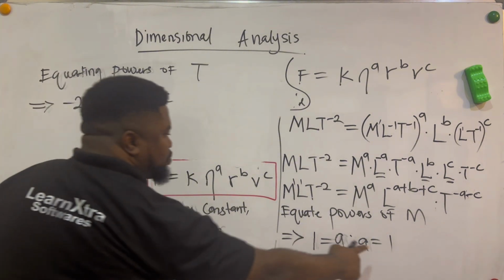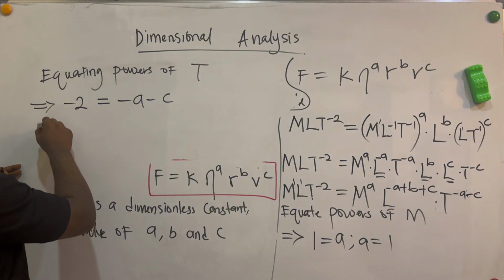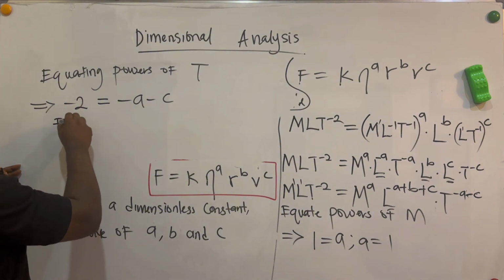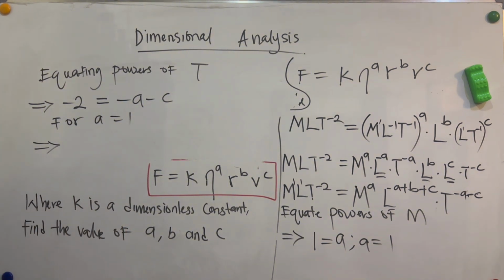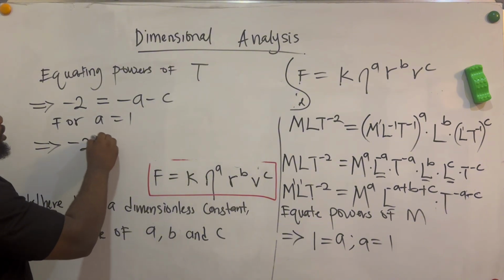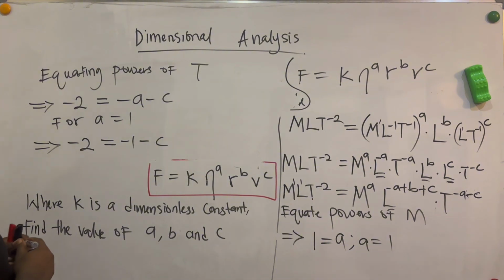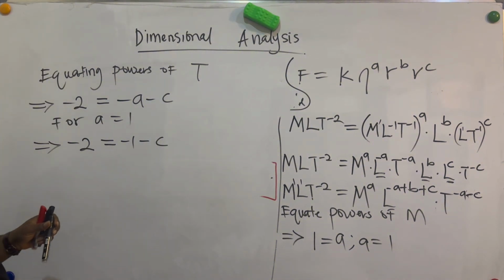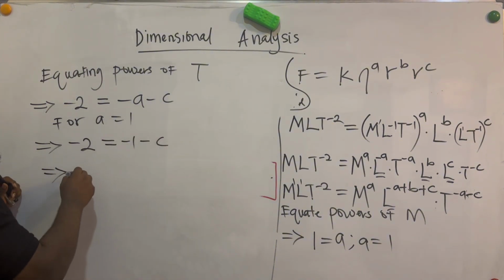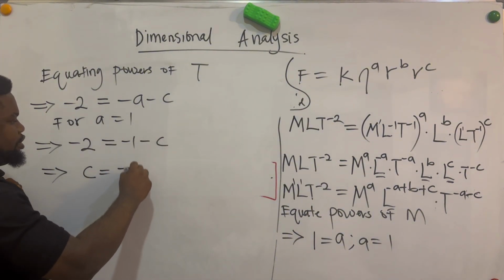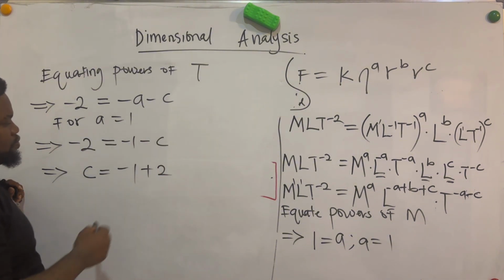Luckily, we have A equal to 1. So, if A is 1, this will mean that minus 2 is equal to minus 1 minus C. Yeah, when C comes over, C will be minus 1, minus 2 going this way, plus 2.